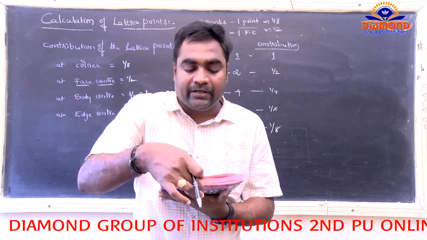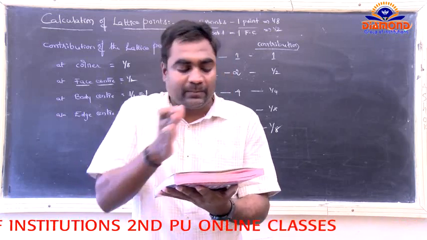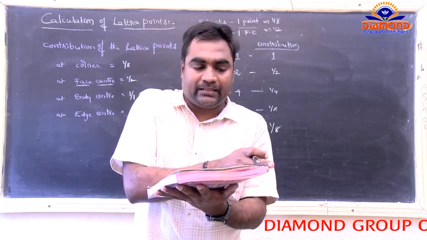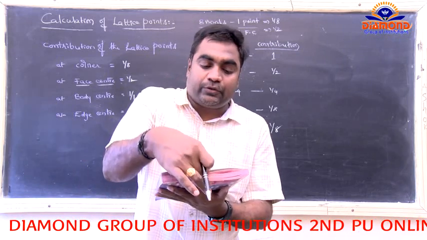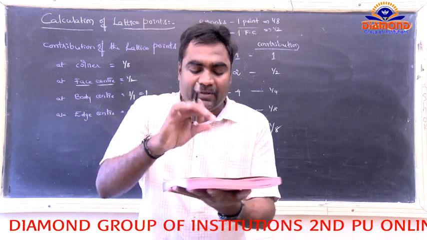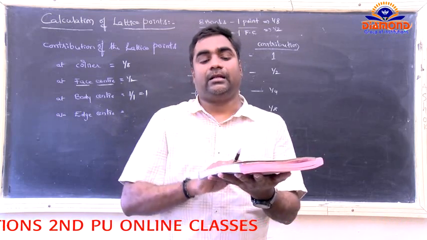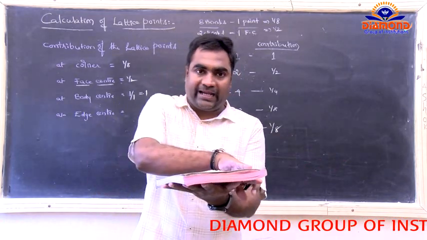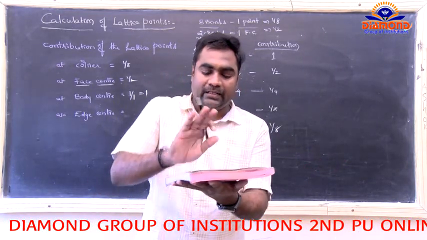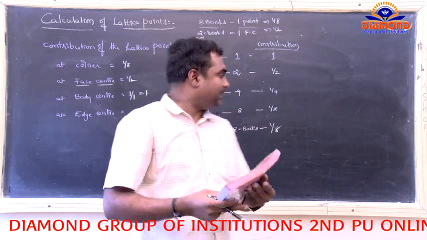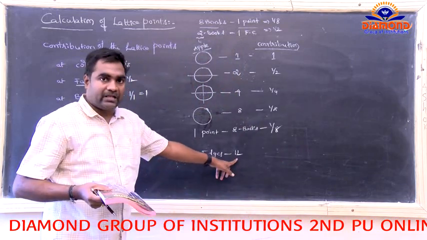That's why here we got only 2. So 4 plus 4, 8. 8 plus 2, 10. 10 plus the opposite again 2, total 12. So the 12 edges are present.